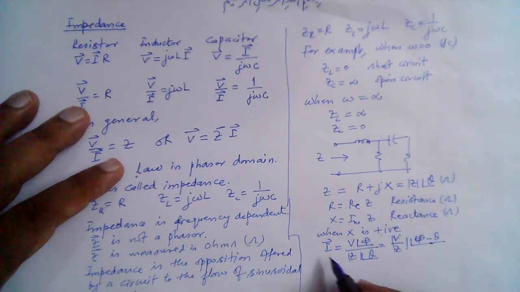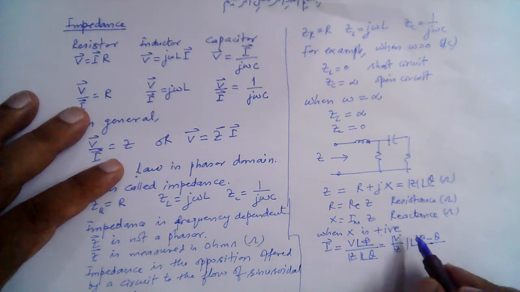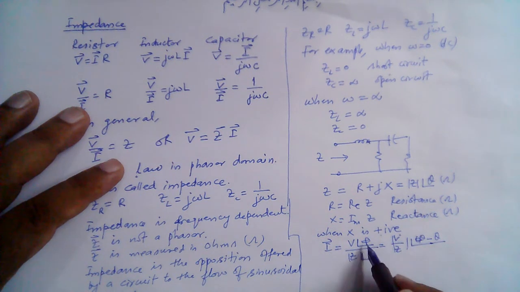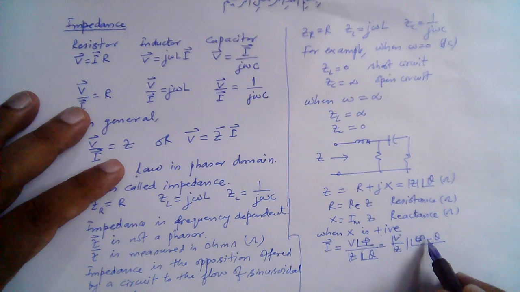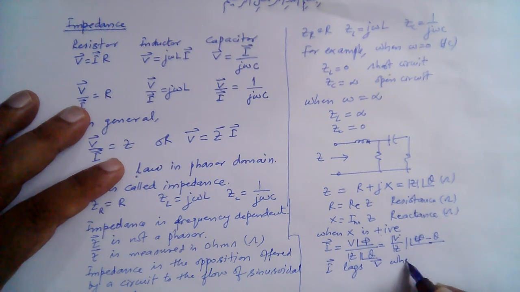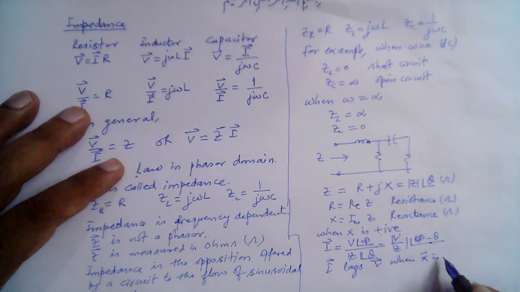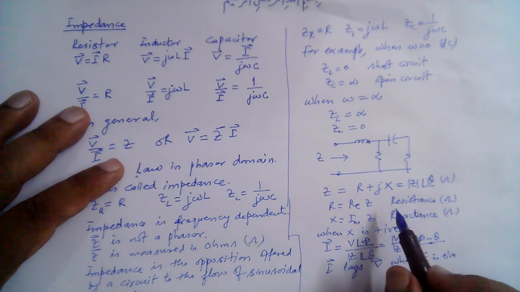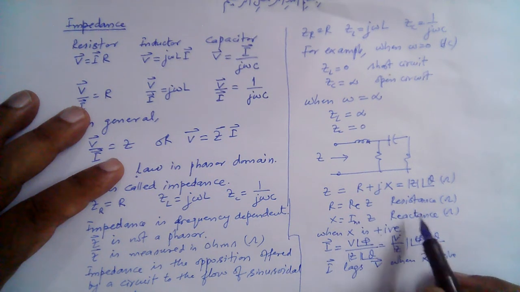So the angle of the current will be smaller than the angle of this voltage here. So this is phi minus theta. So it means that I lags V when X is positive. So this is the behavior of an inductor. So this reactance then is called inductive reactance.